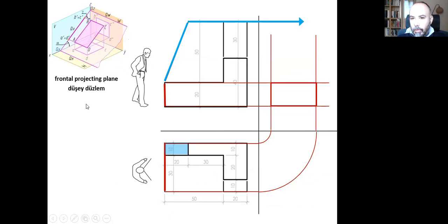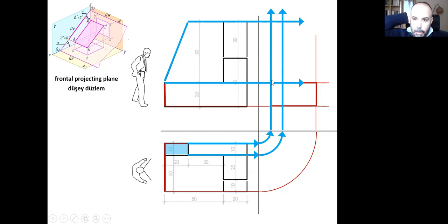This is what I need to do to figure out its left side view. I need to transfer the levels here. This is already there. So I can transfer its starting and end points there. And here, as you can see, we are looking at another rectangle, and probably it is shorter than its original size because of its position.